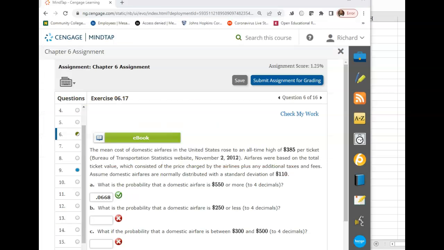Entering that value in and checking it, that is in fact the probability of a fare being greater than or equal to 550.